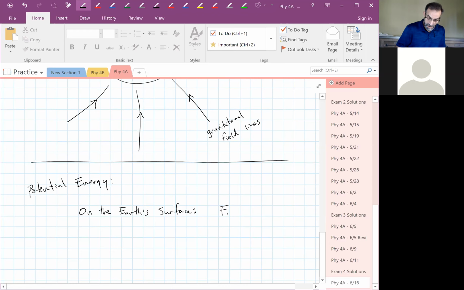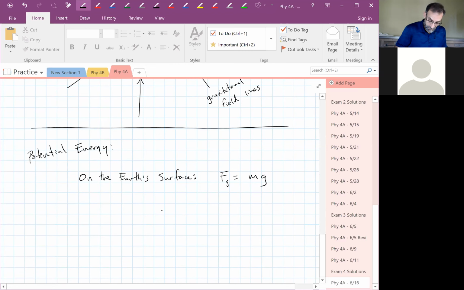We use mg as our force of gravity. Excuse me. On the surface of the Earth, force of gravity is mg. What do we do? We find the work done, right? We say work is the integral of F dot dy.